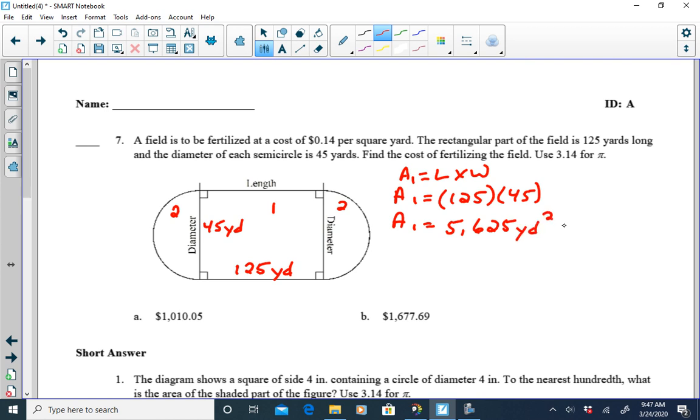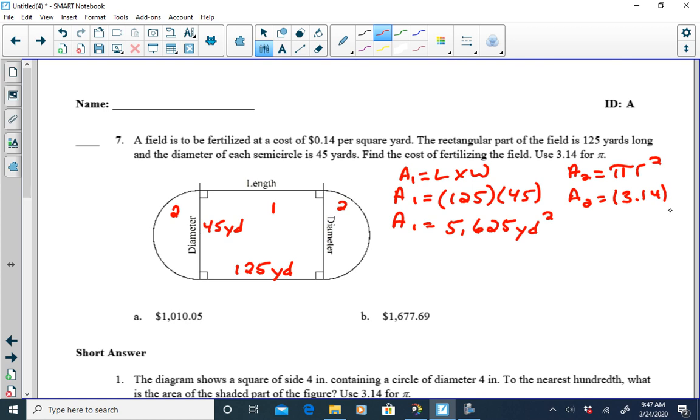But then we still have the area of the circular part. We're going to call that area 2. Area 2 is pi times the radius squared. So area 2 is going to be equal to, we're told to use 3.14 for pi. Our radius is what? Well, if our diameter is 45, half of 45 is 22.5.